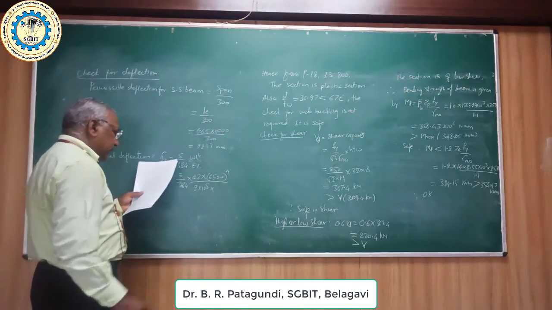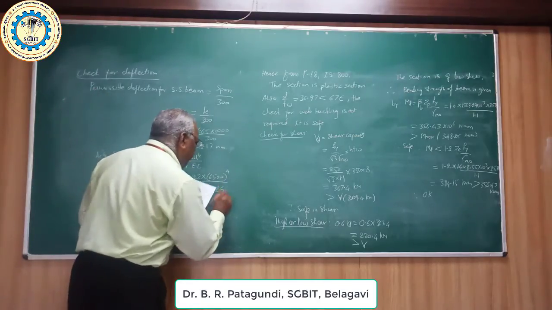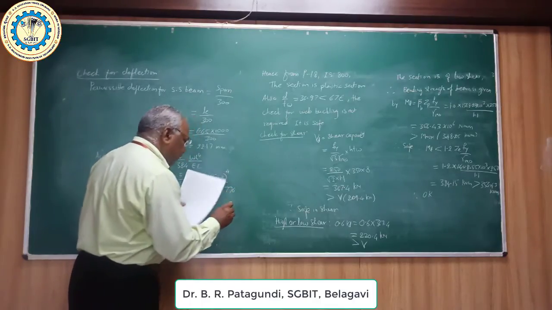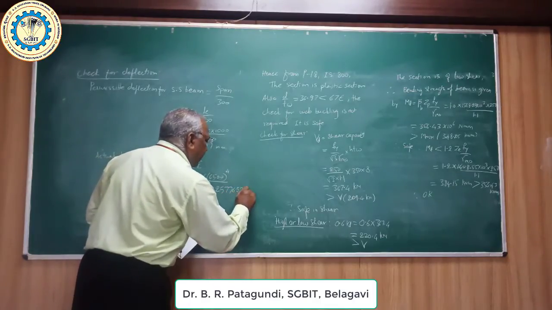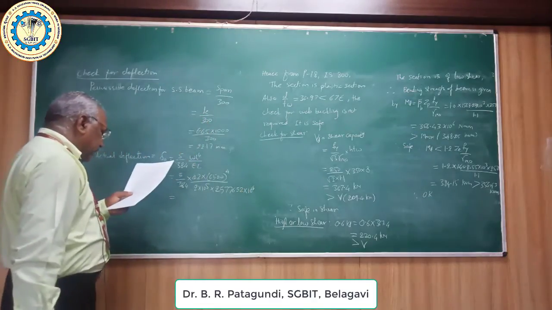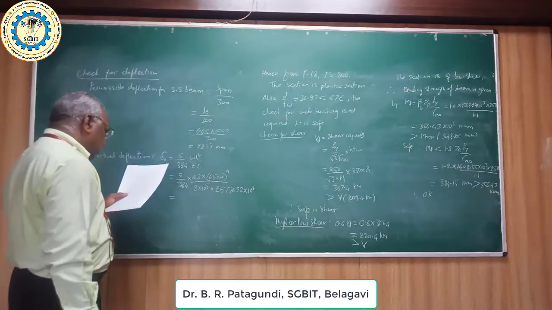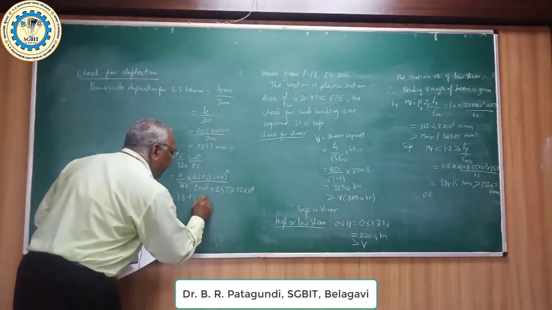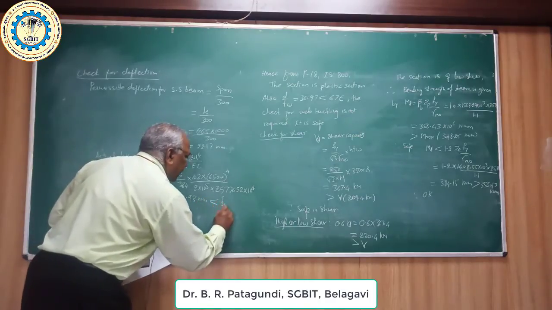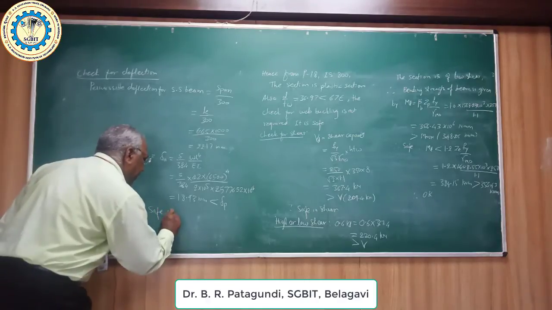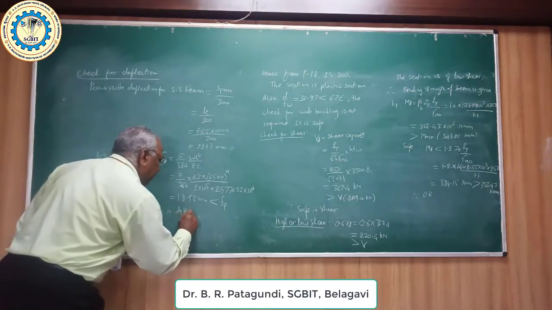Then I for the section is 25776.52 into 10 power 4 millimeter raised to 4. So this actual deflection due to the loading will be 18.93 mm. So this is less than delta permissible, therefore safe in deflection.